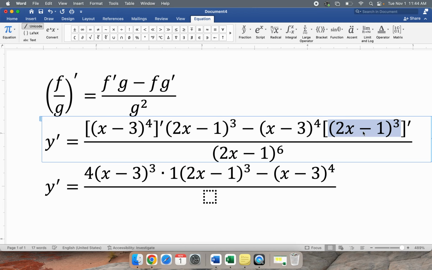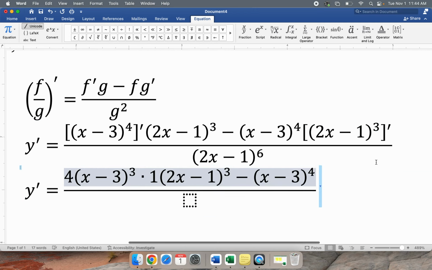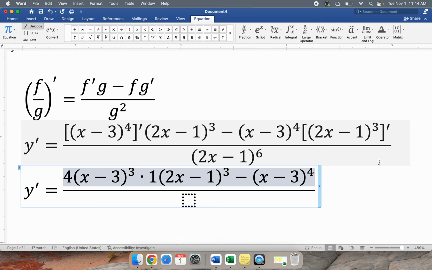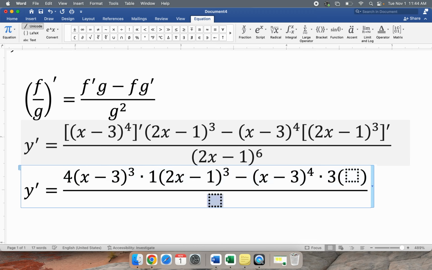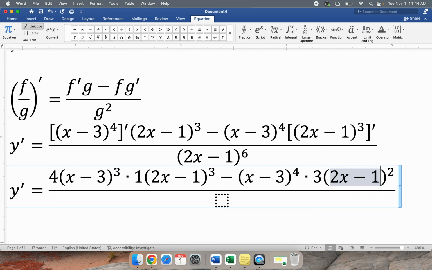But then I do have to compute the derivative of this guy. That, again, is a composition. The outside function is blank to the 3rd, so the derivative of that will be 3 blank squared. What goes inside the blank is the original inside function, 2x minus 1.